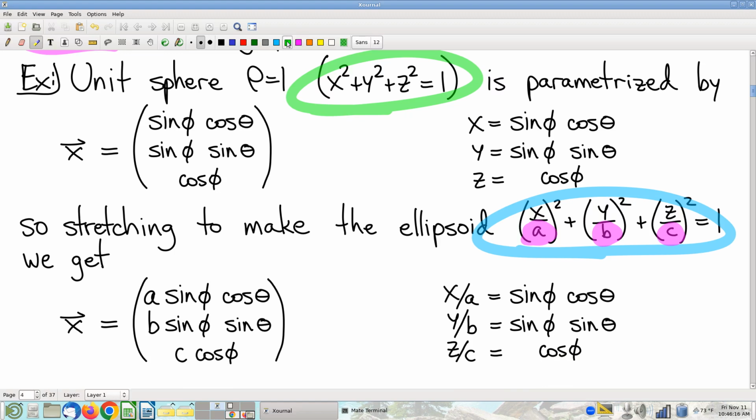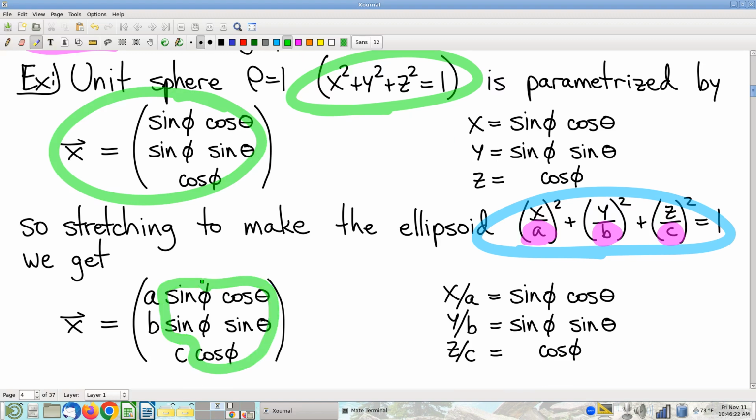You could start with your sphere. Green is our parameterization of our sphere, and you can then just literally stretch x by a factor of A. This says I'm going to make my x coordinates A times as big. And then likewise B for y and C for z. So there I'm just sticking the stretchings right into the formulas for x, y, and z.